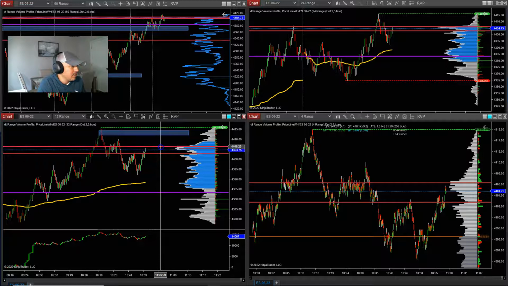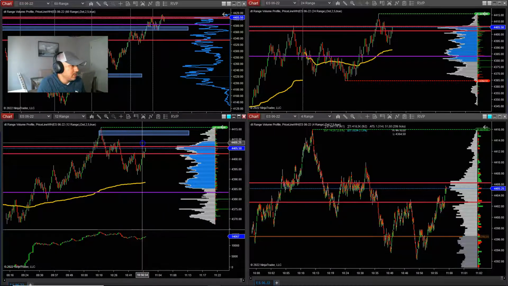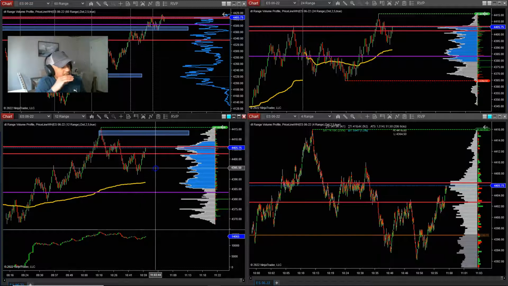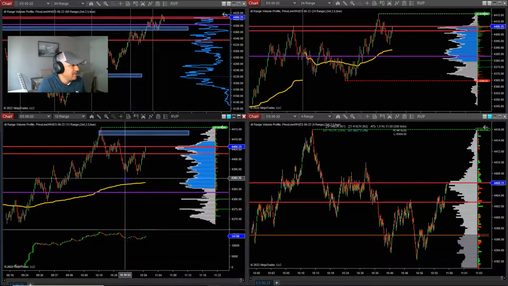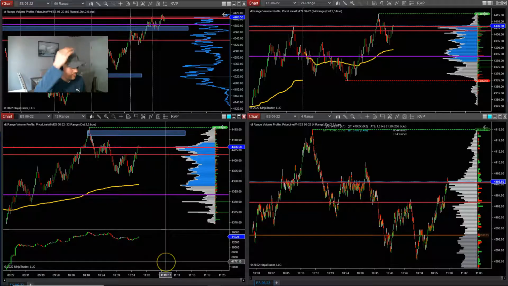All right. This is where I want to see what's going to happen here. But the problem with this is that I'm not going to have too much of an area to do anything with. Nope.